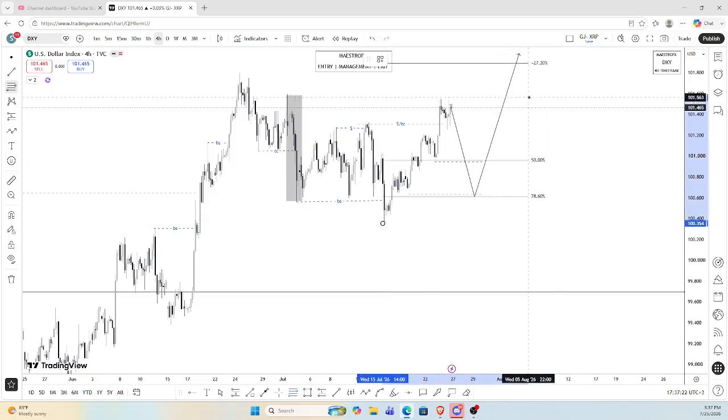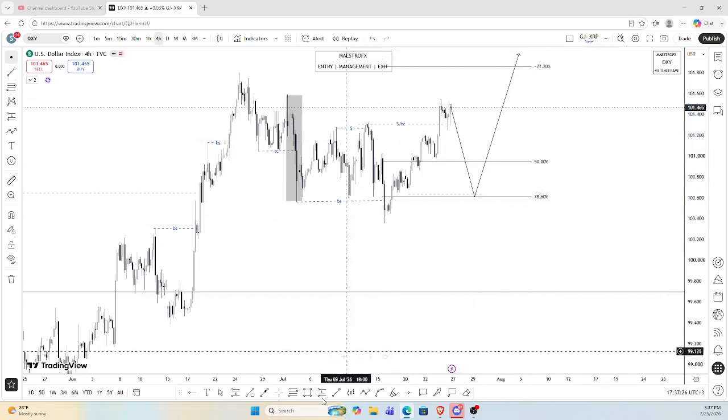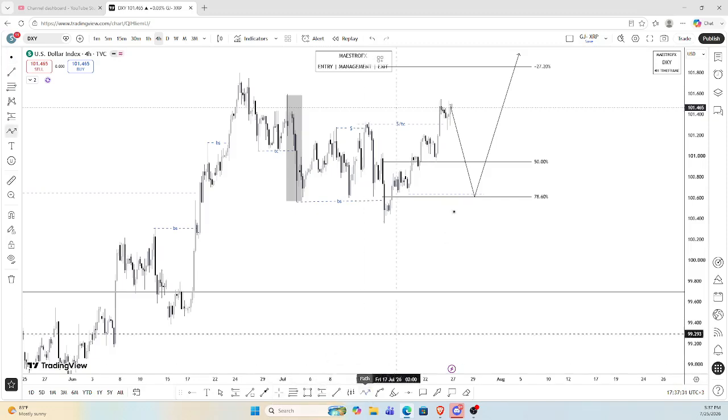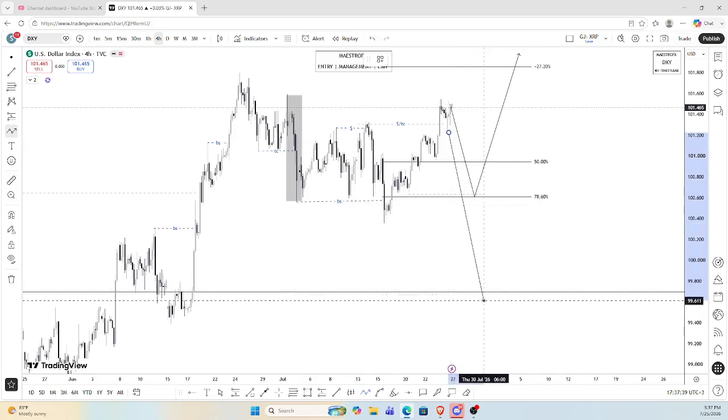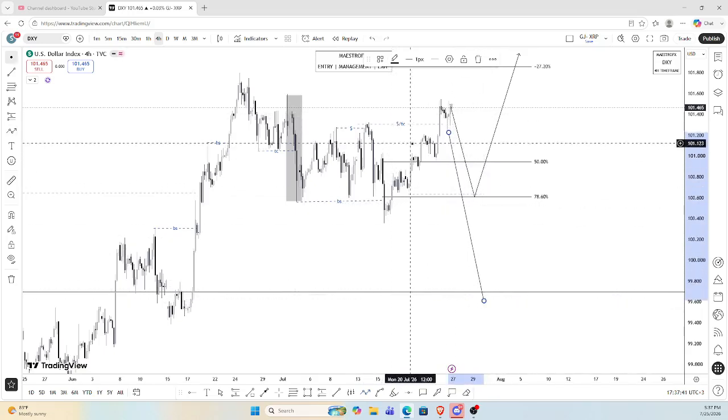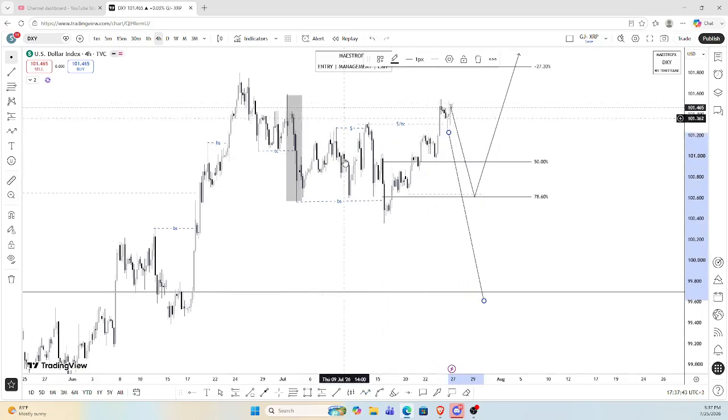So this is my bias for the week, and price can easily come and take all these, price can easily come and push lower, because price usually moves after taking liquidity, as a form of fuel to push it further.